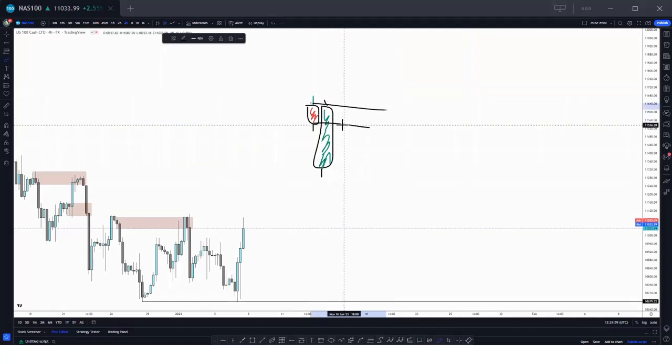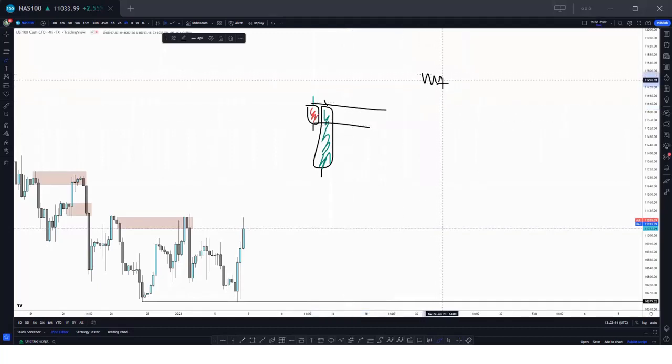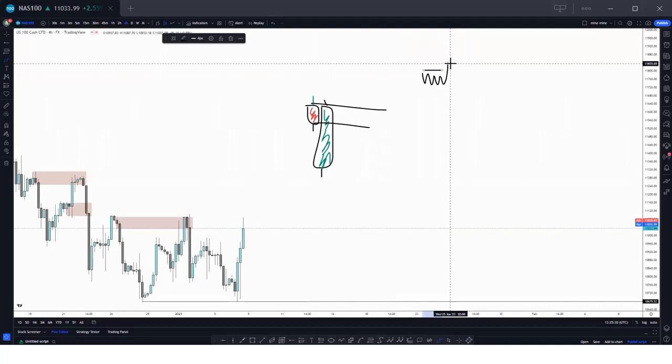Order blocks originated from ICT, and when he spoke about this, he said that particular candle has a lot of momentum in it: the last candle which cleared out that liquidity, did that stop hunt, and was the drive which created the swing high before the momentum.